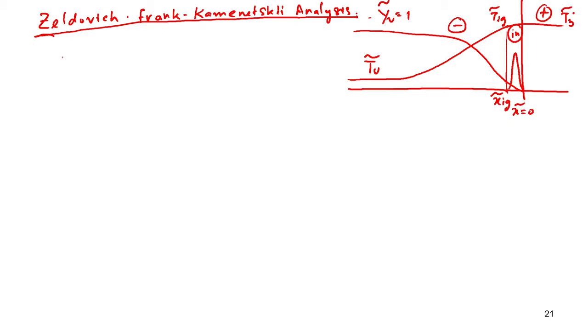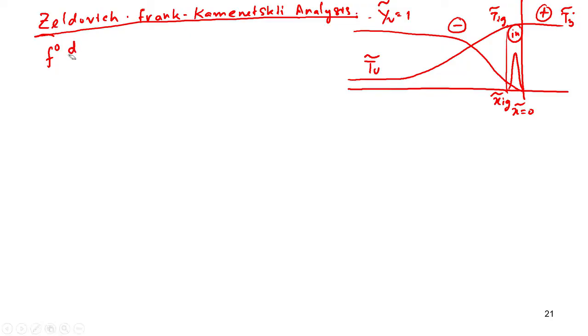If you remember, the equations we started with were this way: F0 times the convective term minus the diffusion term, and W is essentially the species consumption rate.